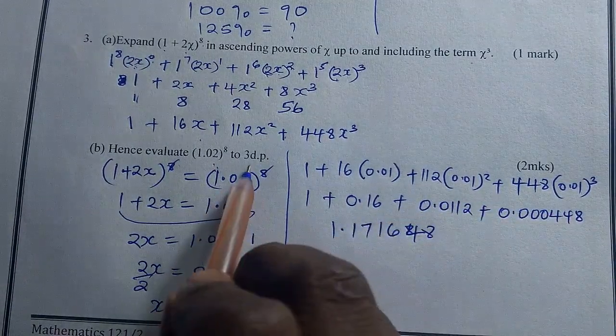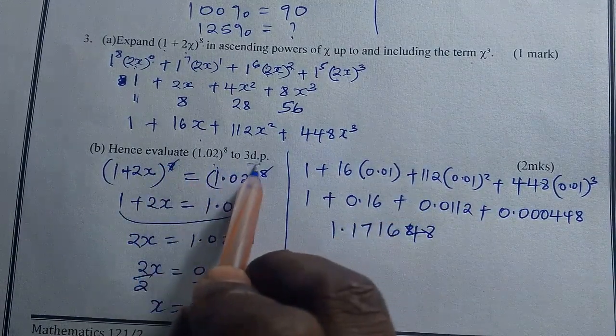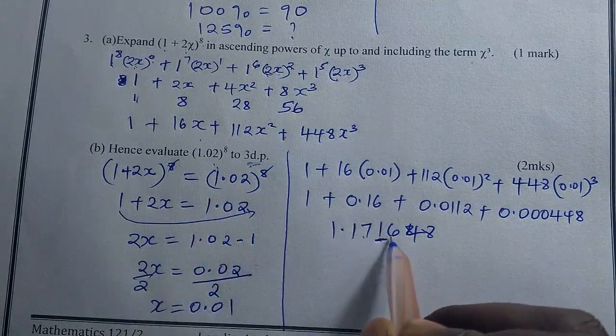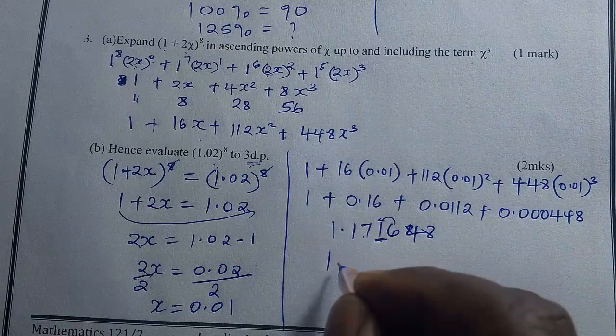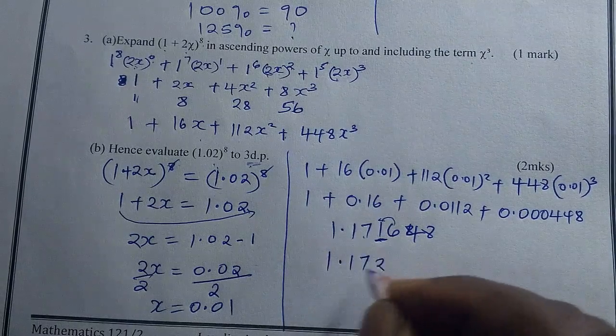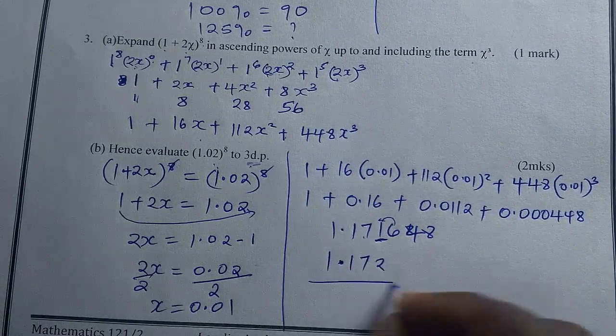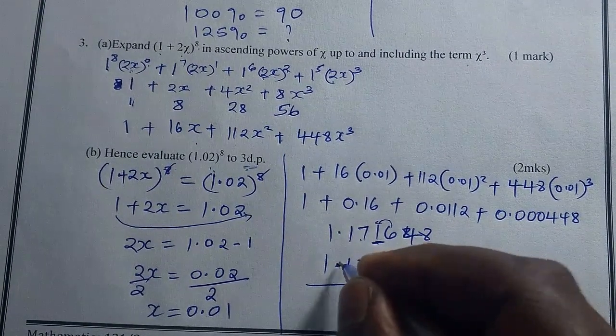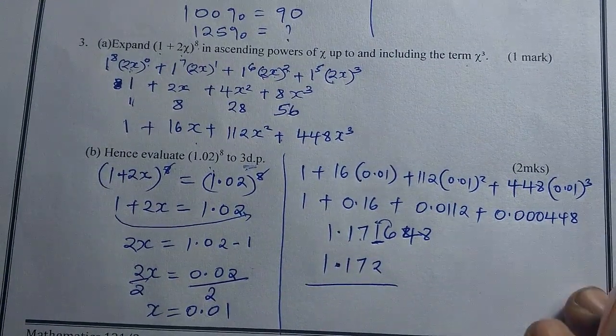But from the instructions, you were supposed to give the answer to 3 decimal places. So 1, 2, 3. This one increases this. So the answer is 1.172. So you need to follow instructions. Otherwise, you will lose 1 mark for not following given instructions.